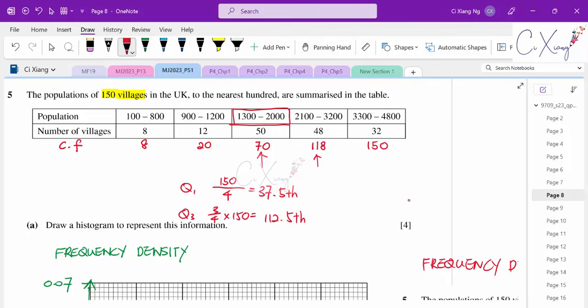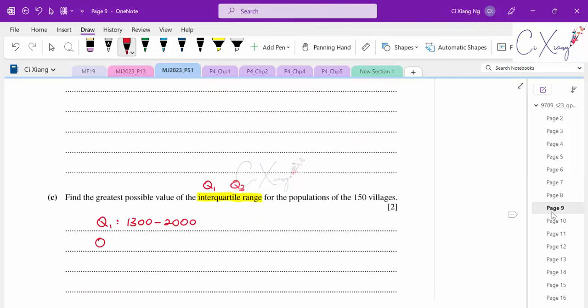Therefore, 112.5 is inside this class. My Q3 will be under this class as well, so 2100 to 3200. Okay, now they are asking for the greatest possible value of the interquartile range.